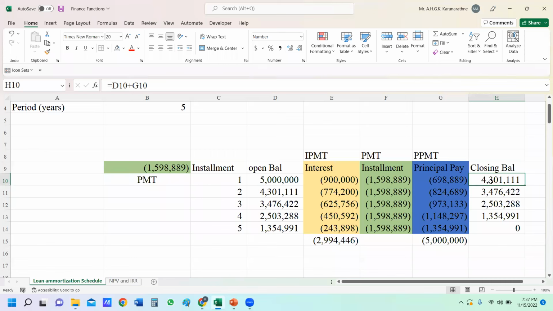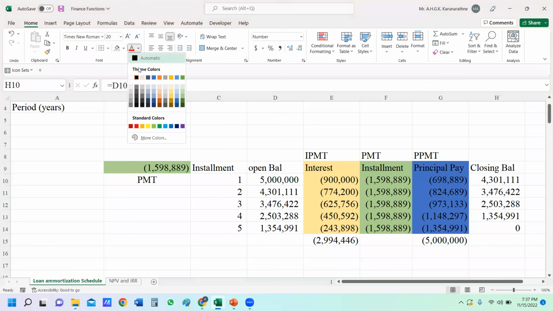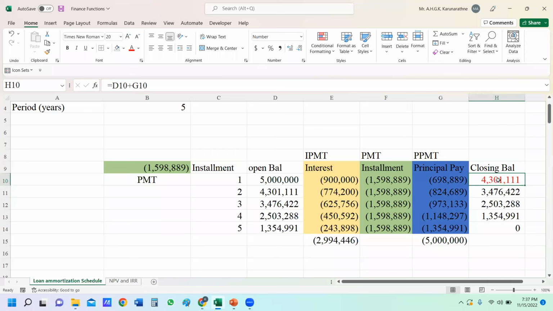So this is the total liability at the reporting date. This liability should be classified under current and non-current. So it's very easy. Out of this 4,301,111, this much is considered as current, this much is considered as non-current. So that's it. Then you can tackle everything.